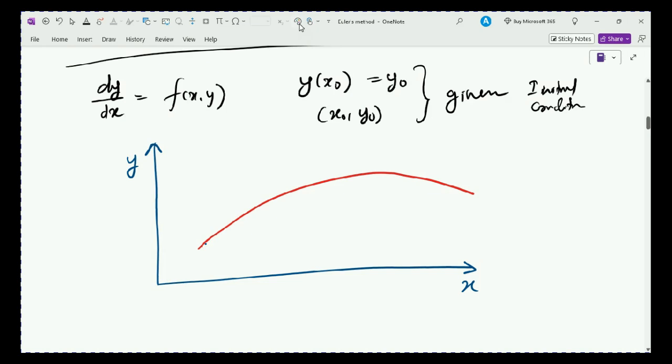And what is the initial value? Initial value is the value at the beginning. So this is x0 y0, and the corresponding solution y0. And this is the exact solution, or let's say this is the analytical solution.